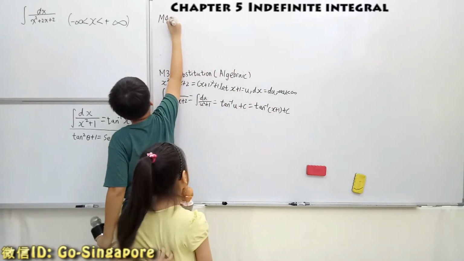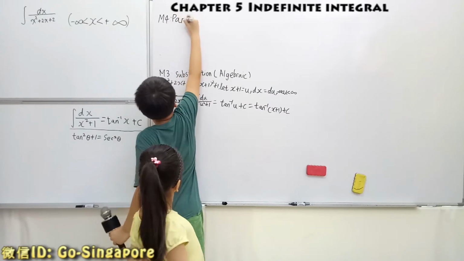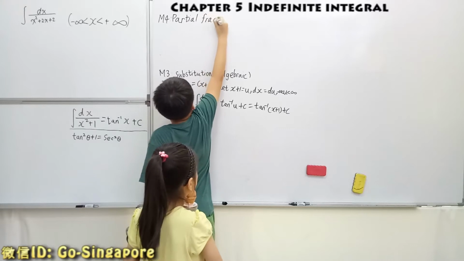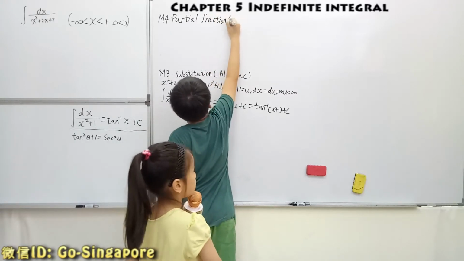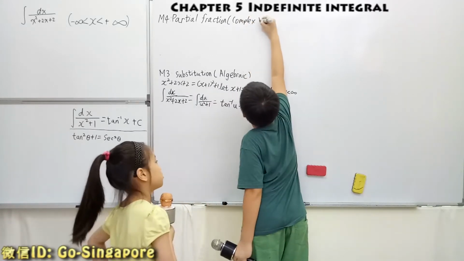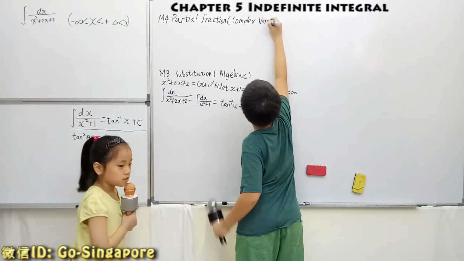What is it called? Partial fraction. And it's the complex variable. Right? Yes.